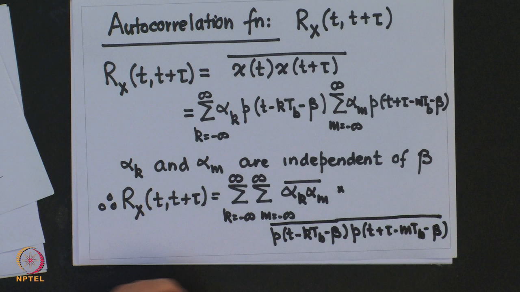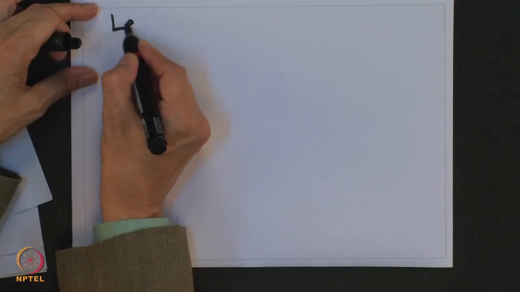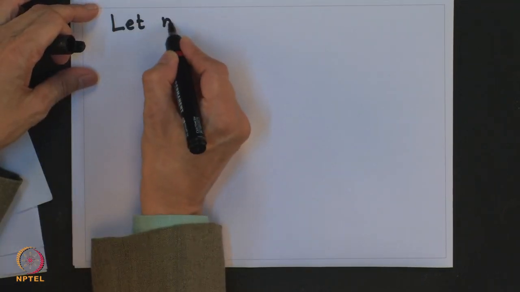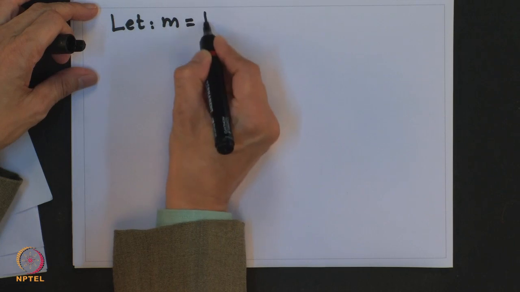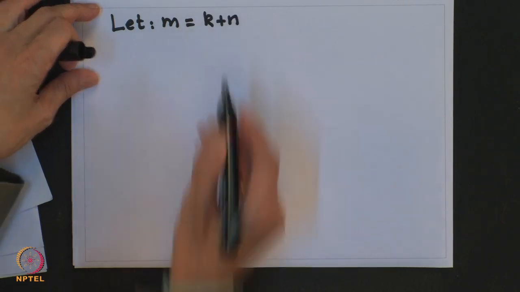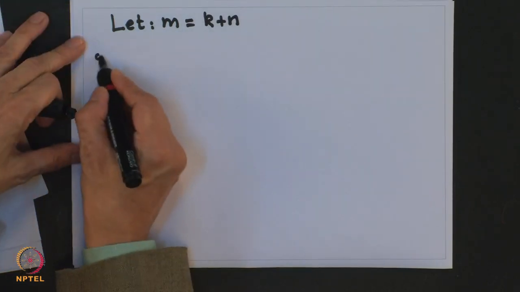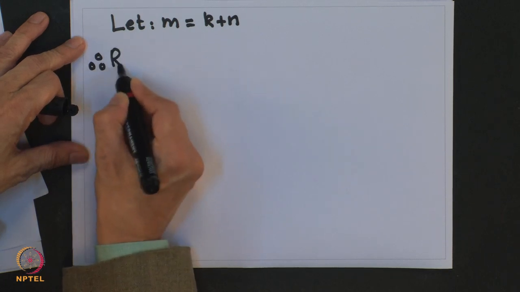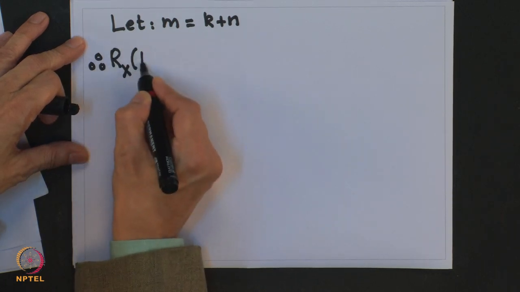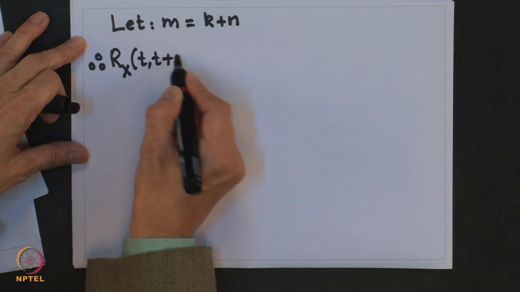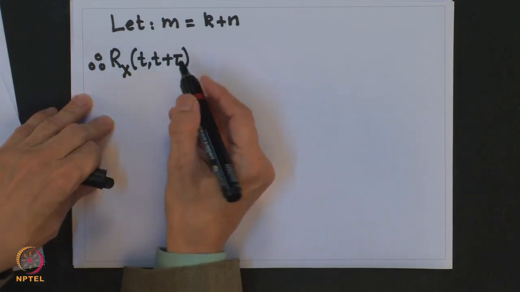Now, we make a simple substitution. Let m is equal to k plus n. If I do this, then I can write my autocorrelation function as follows.